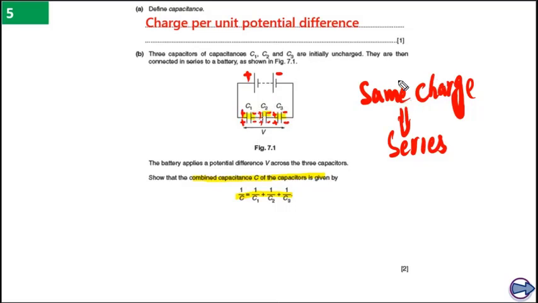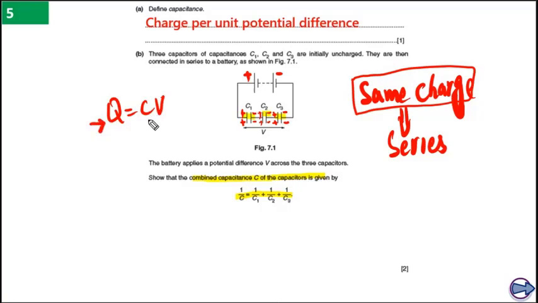So in this case there is the same amount of charge on each plate, but we need to be clear about this one: as Q is equal to CV, Q is the same on each plate but C is different. If C is greater, the potential difference will be small, and vice versa.